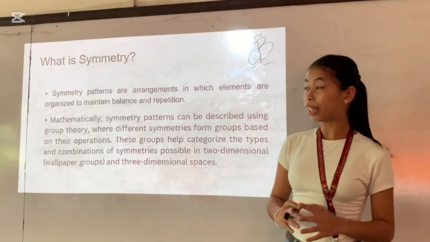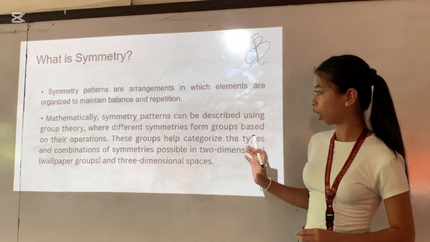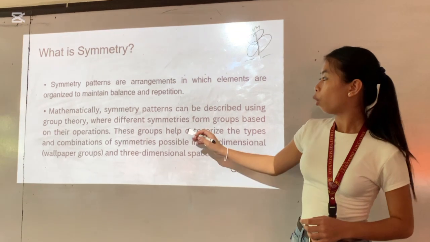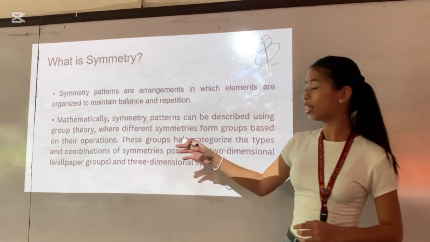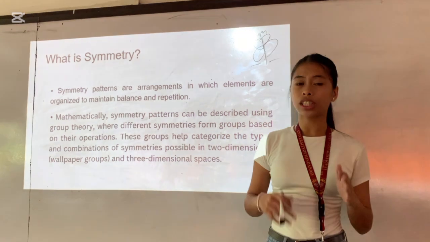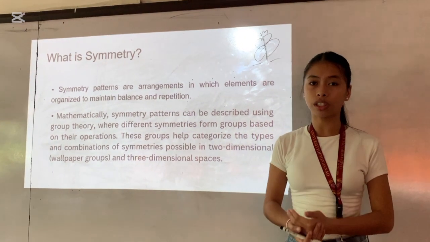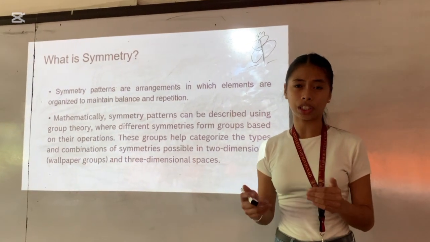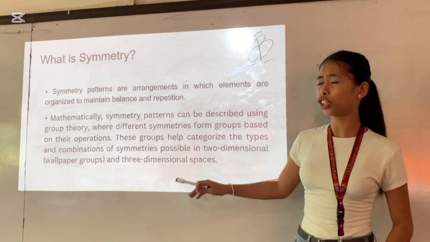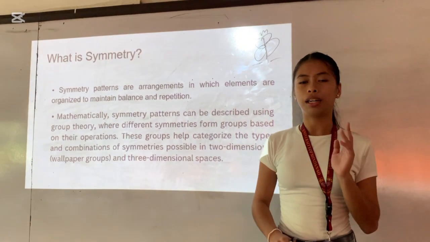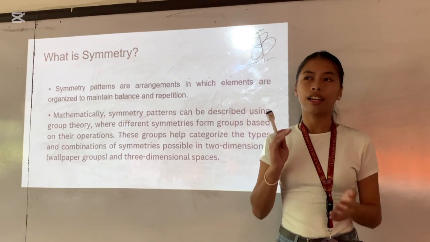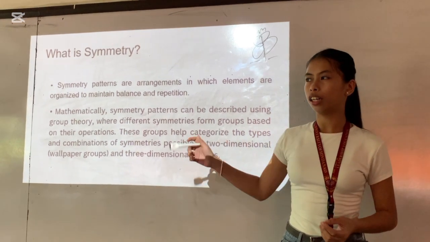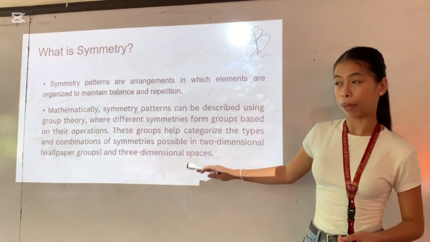Next, mathematically, symmetry patterns can be described using group theory, where different symmetries are grouped based on their operation. So, what is group theory? It is when symmetry can be viewed on different sets of operations, and each object or shape can be transformed while maintaining its structure or pattern.